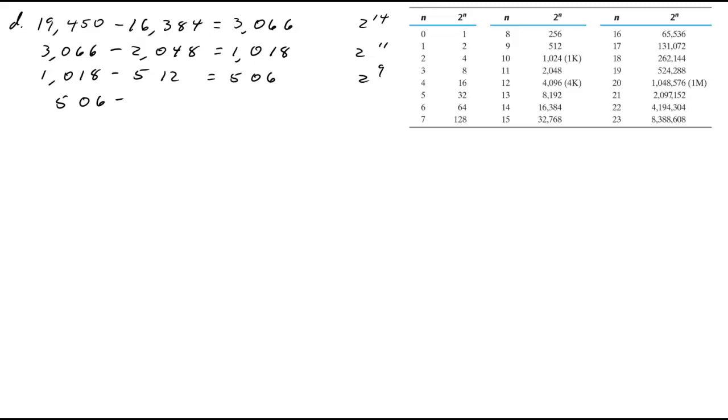506 minus... I'm drawing 5s that are hard to read, aren't I? That's better. From 506, let's subtract 256, which is 2 to the 8th. The difference is 250. 250, we'll take out 2 to the 7th, or 128.